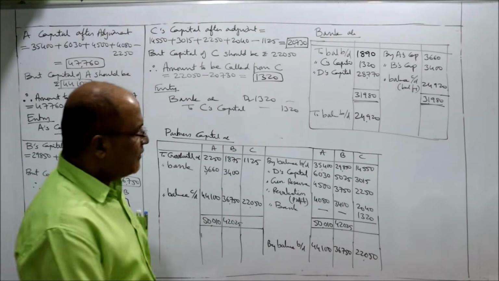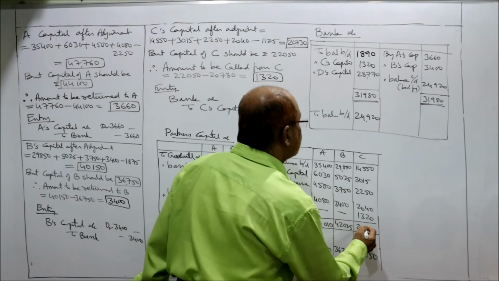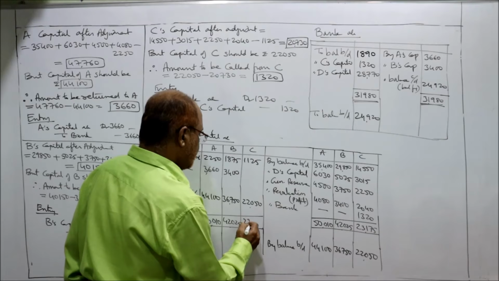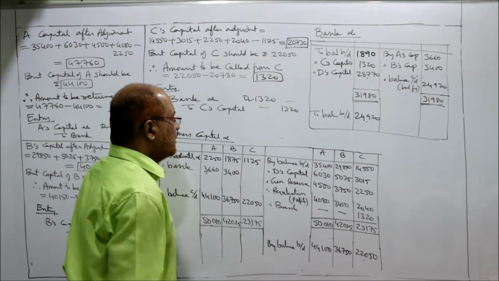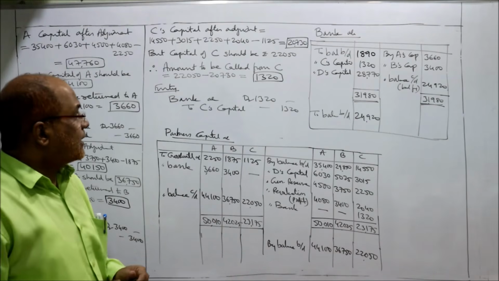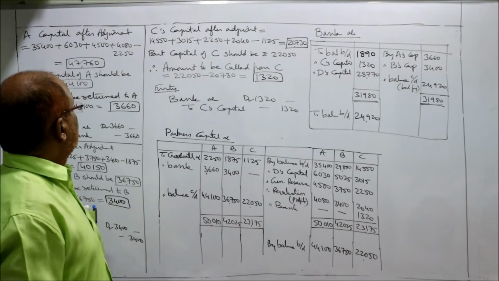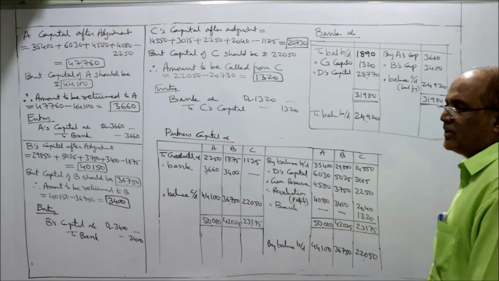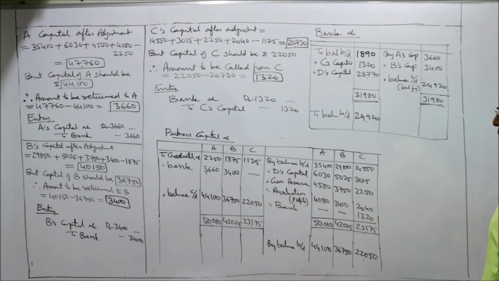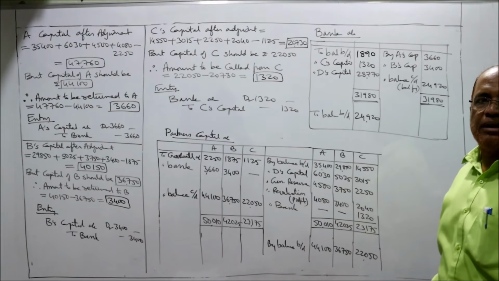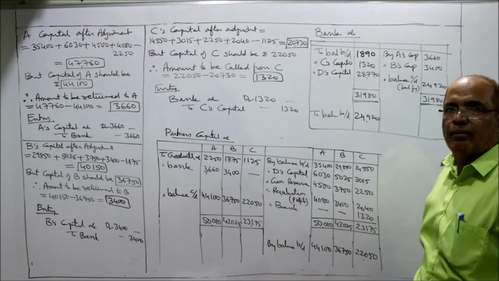Next one is 23,175. That's it. So capital accounts we have prepared. We have done all the adjustments. Simply take a pause and copy it, then we'll make the balance sheet. It's a very tedious, time consuming problem, but if you practice it, you can reduce the time.